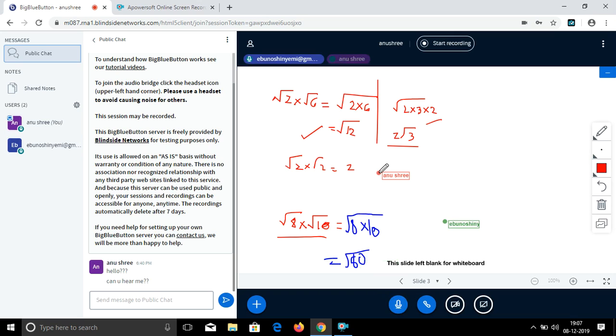Is that right? Yes, that's correct. Now you have to simplify. So I've told you first you have to multiply this and then simplify this. So the answer should be in the most simplified form.